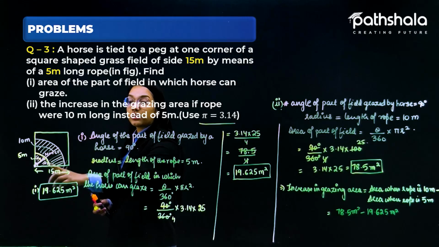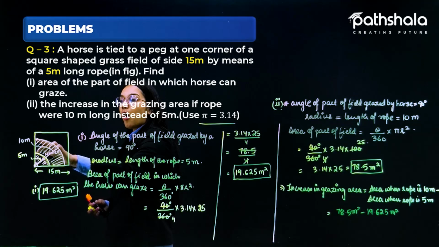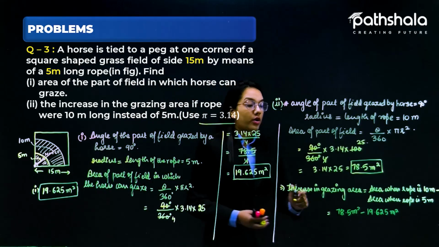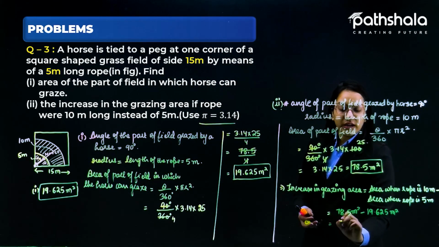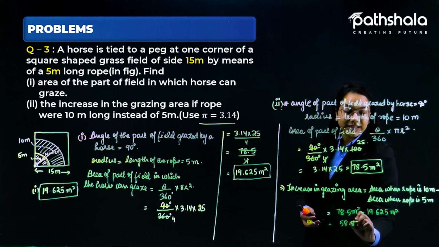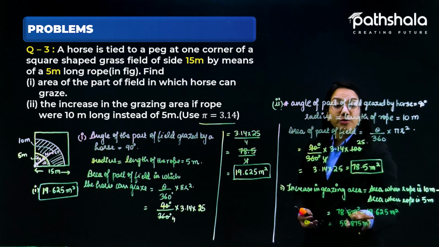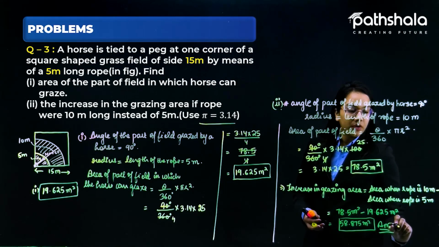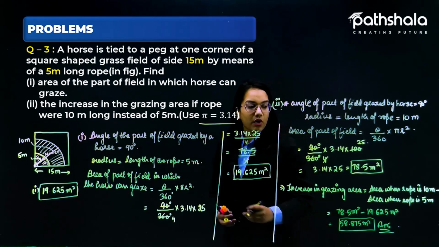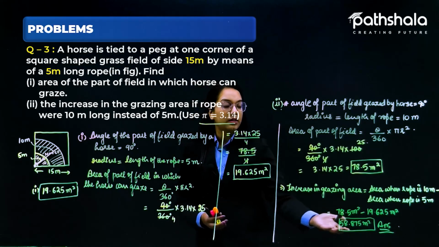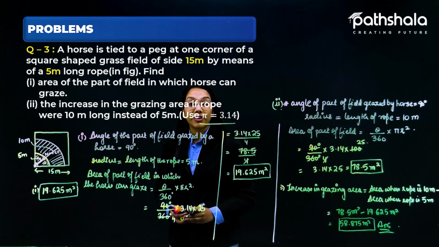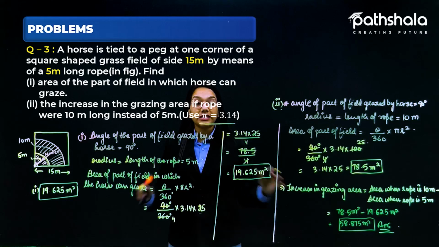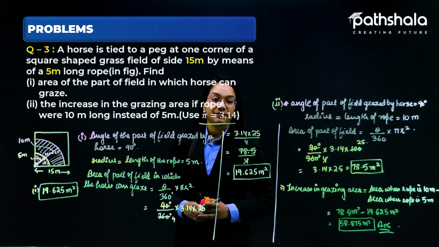When you subtract these two values, you will get the answer as 58.875 meters square, which is the increase in the grazing area when the rope is 10 meters instead of 5 meters. So the answer for the second part is 58.875 meters square, and hence this is all about question number 3.